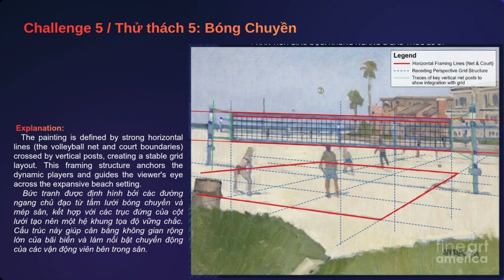The painting is defined by strong horizontal lines, the volleyball net and court boundaries, crossed by vertical posts, creating a stable grid layout. This framing structure anchors the dynamic players and guides the viewer's eye across the expansive beach setting.